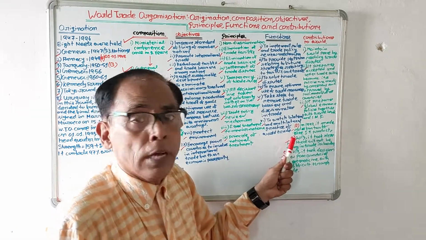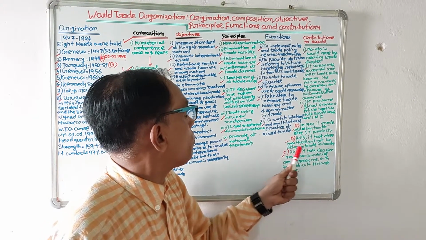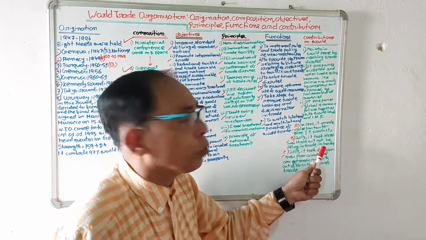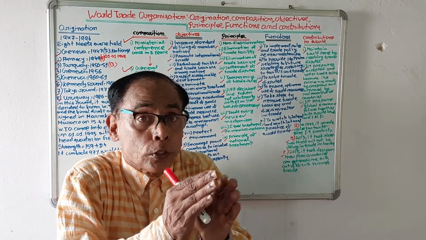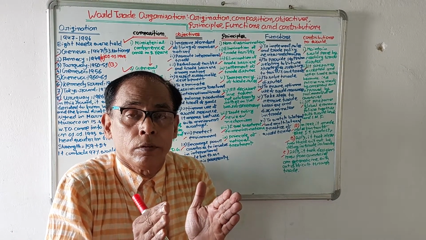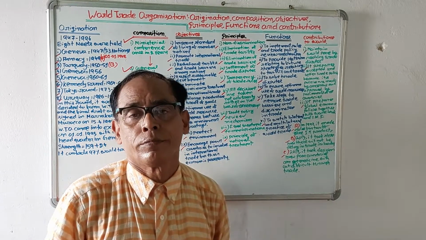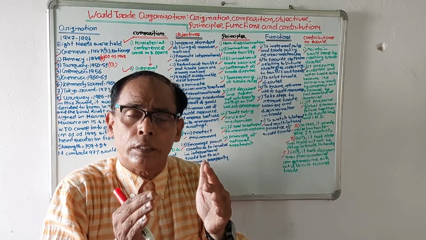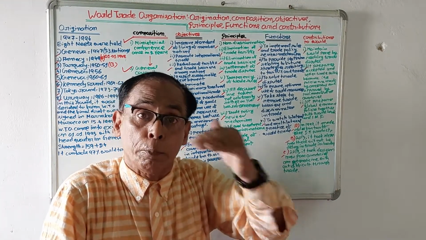Again, in 2013, it took steps so that there will not be delay in trade at borders. In 2013, it made a rule that delays should not be made at borders so that international trade will be better. There should not be much restriction at the border.